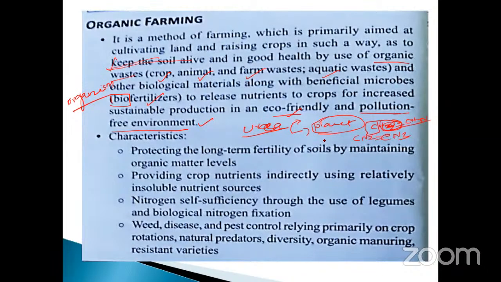The nitrogen is utilized by the plant with the help of microorganisms. What microorganisms are present? You already know: ammonifying bacteria, denitrifying bacteria, and nitrifying bacteria. Isn't it, my dear?